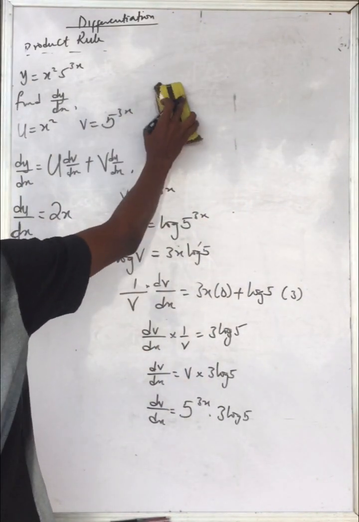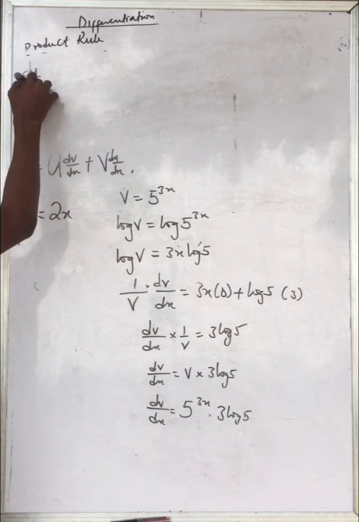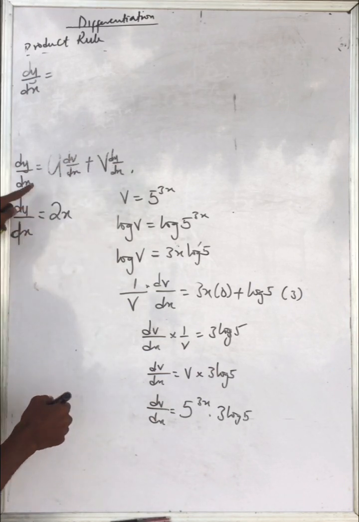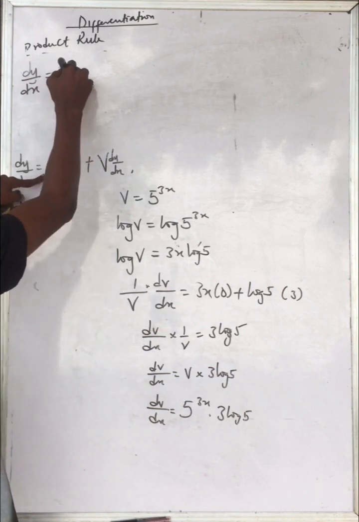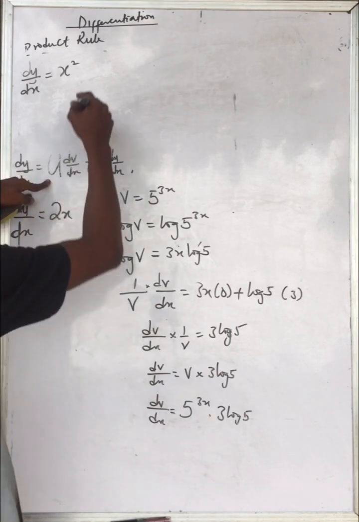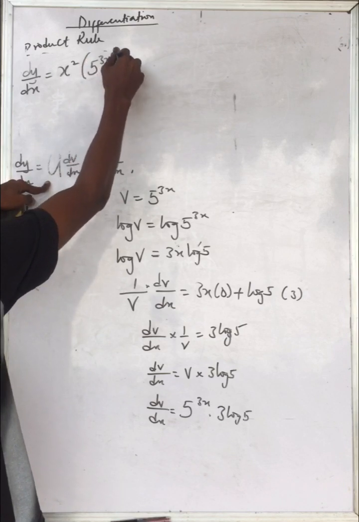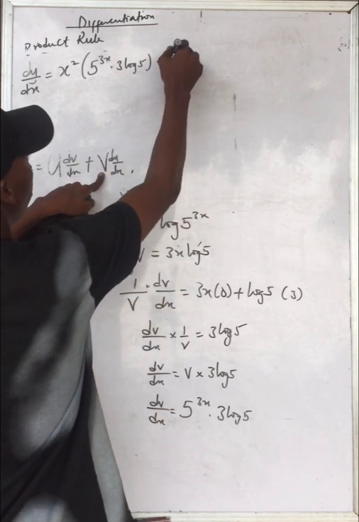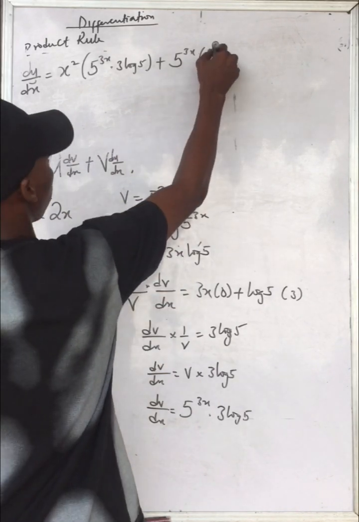Getting my dy/dx is u dv/dx plus v du/dx. What's my u? My u was x squared. Yes, check the content of the last step. My dv/dx was 5 raised to power 3x multiplied by 3 log 5, plus my v was 5 raised to power 3x into my du/dx, which is 2x.